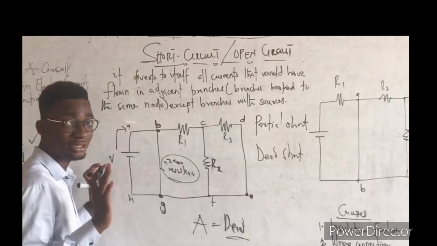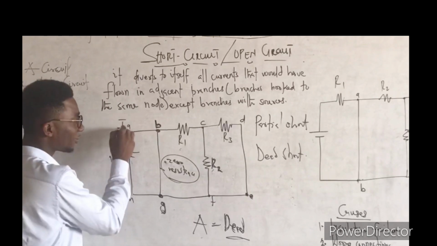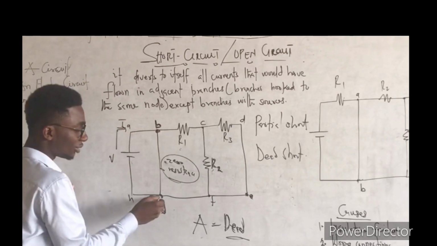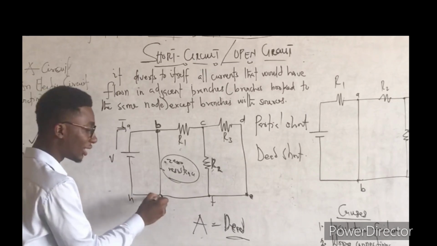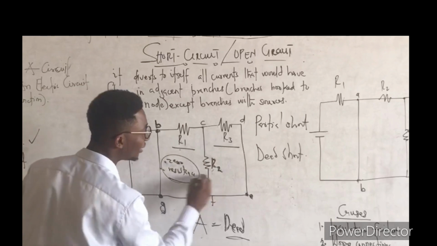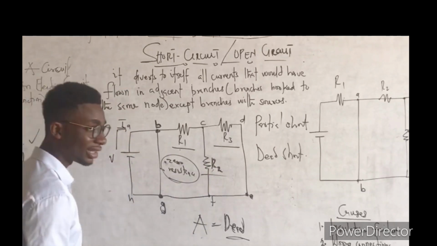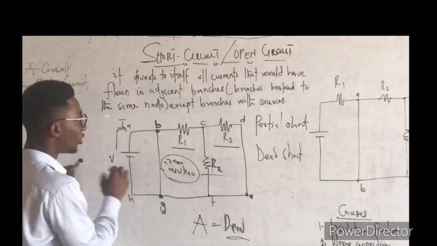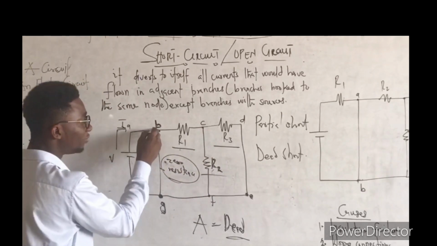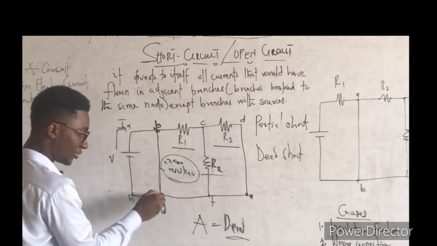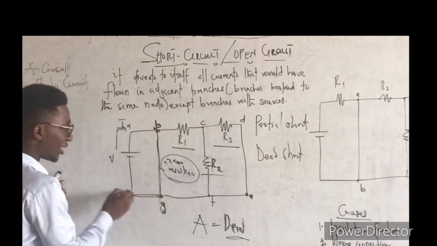The current that is coming will pass through the short circuited connection without getting through any of these resistances or any of these sources or branches within the circuit. So when the current gets to this point B, all the current simply passes through this connection BJ, and it comes back.